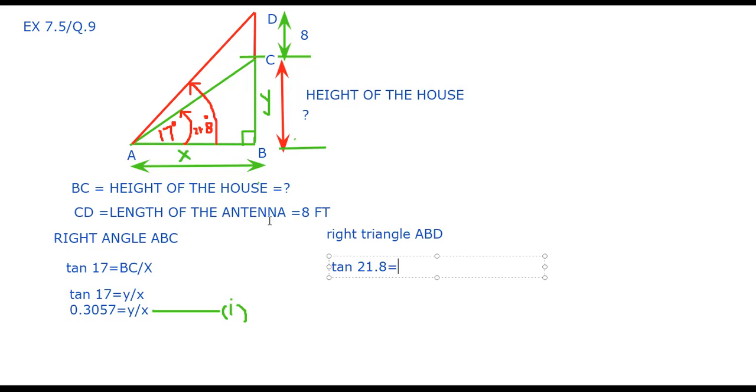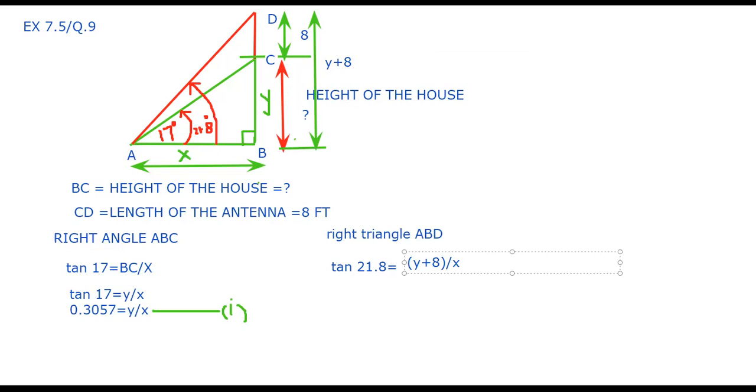So this will be equal to, and if you calculate the total height for this part within the diagram, you will see that all of this together will become y plus 8. So we will be using y plus 8 as the perpendicular. If you place small brackets around it, y plus 8, and you divide it by the base x again.